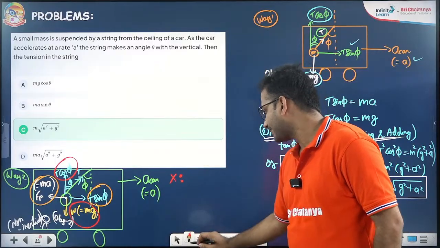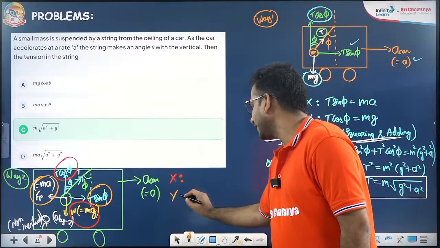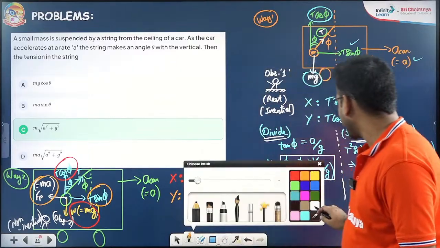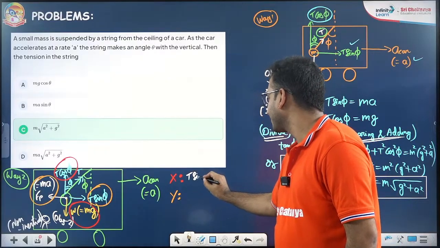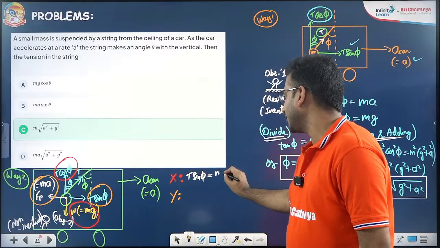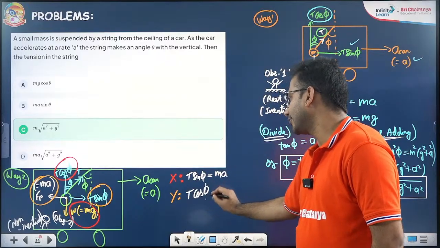So x-axis and y-axis I'll write separately. In the x-axis, I balance T sin phi equal to ma. In the y-axis, we balance T cos phi equal to mg.